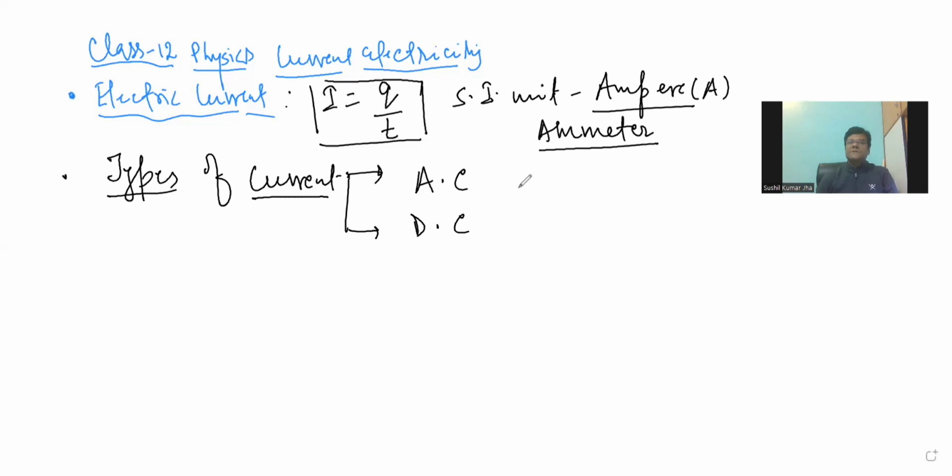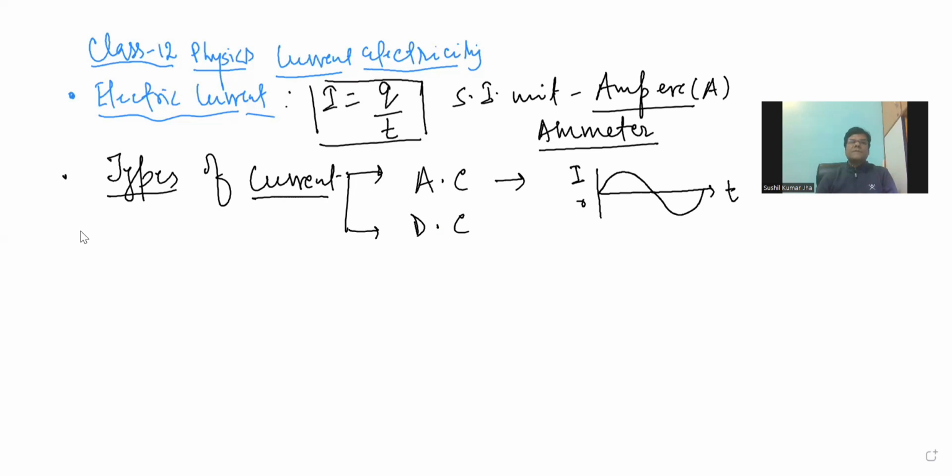When it comes to AC, it means a variable value of current, a fluctuating value of current, that we show with the help of a diagram like this. If we take I across the y-axis and time across the x-axis, then this variation with respect to time is called alternating current.